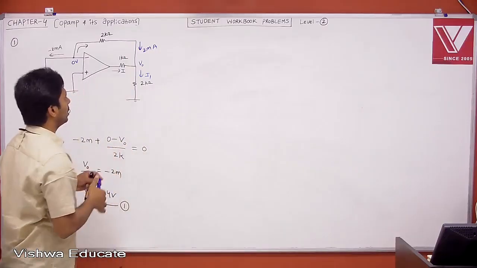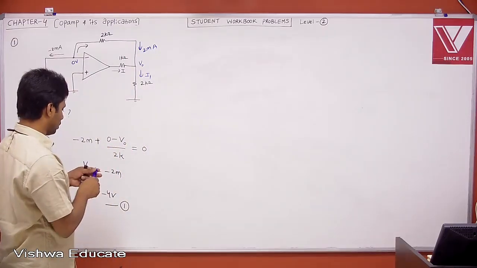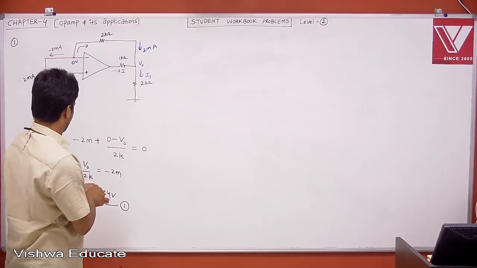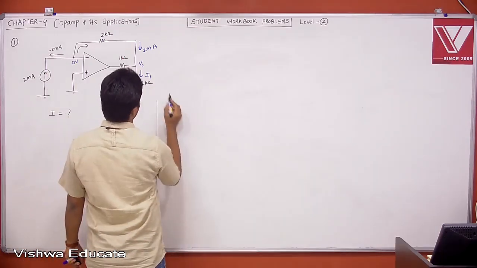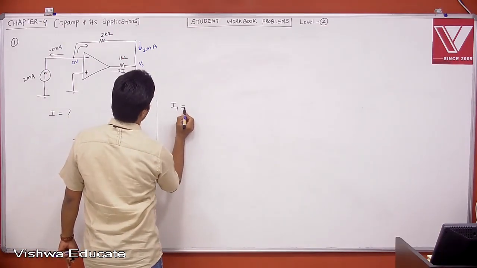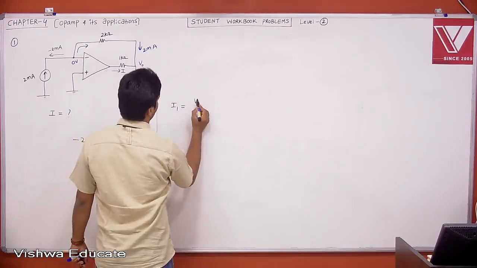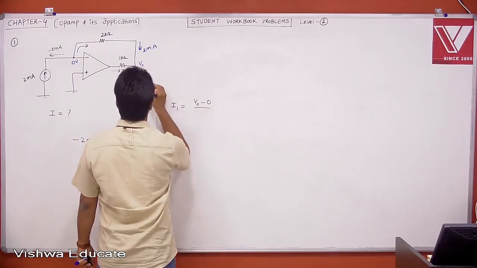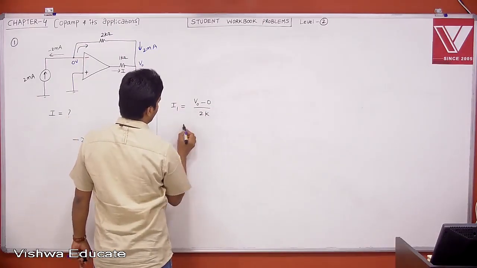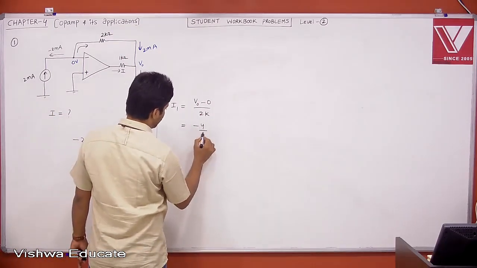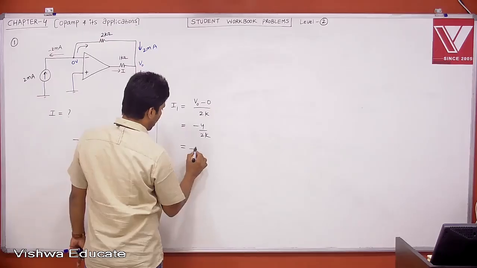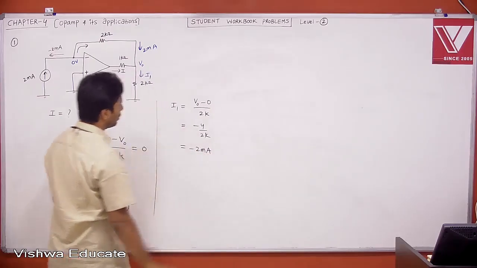Then tell me, what is the current I1? Therefore, I1 is nothing but V0 minus 0, the drop across this, divided by 2K. Therefore, I1 is nothing but minus 4 divided by 2K. Therefore, minus 2 milliampere. That is your I1.